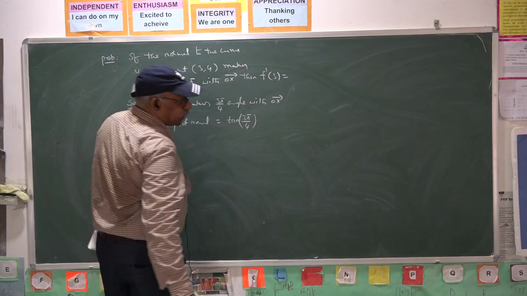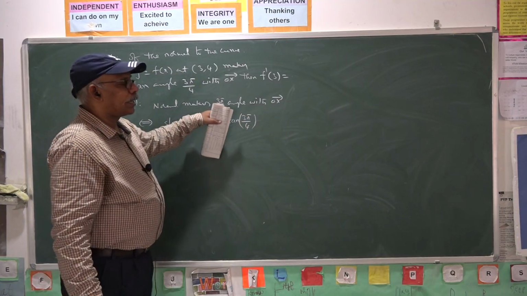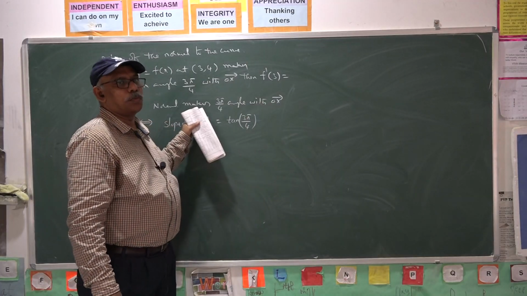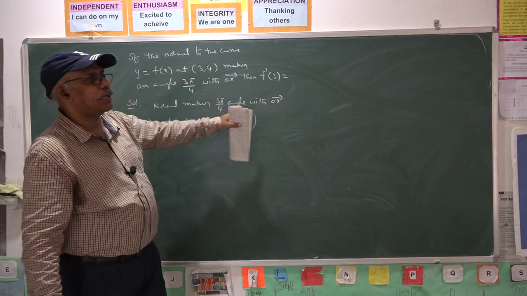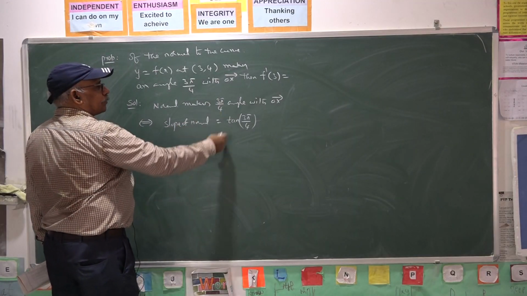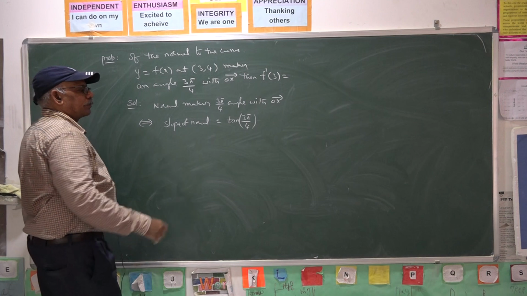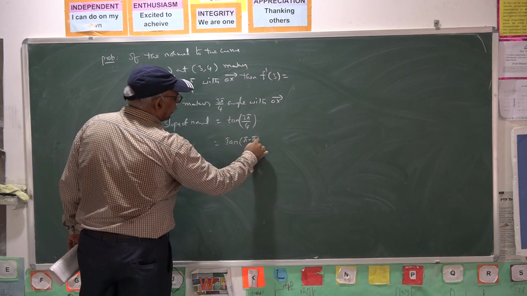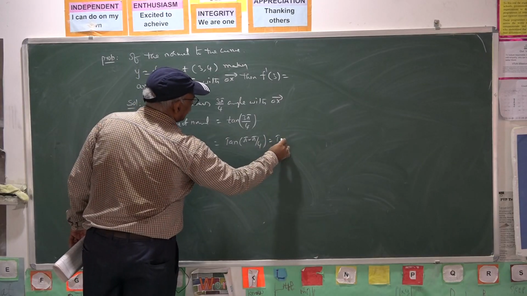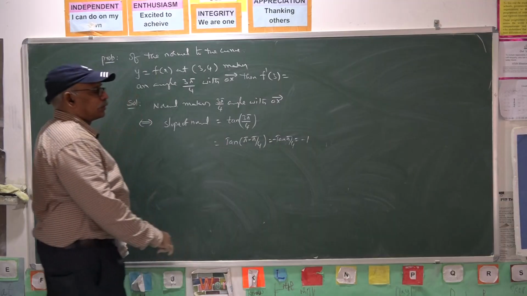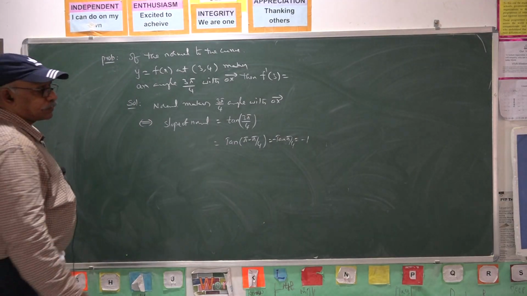If any line is making some alpha angle with OX, then tan alpha is its slope. Here the normal is making that angle, hence I am taking tan of that angle as slope of the normal. That is tan of pi minus pi by 4, which is minus tan pi by 4, minus 1. The slope of the normal is minus 1.